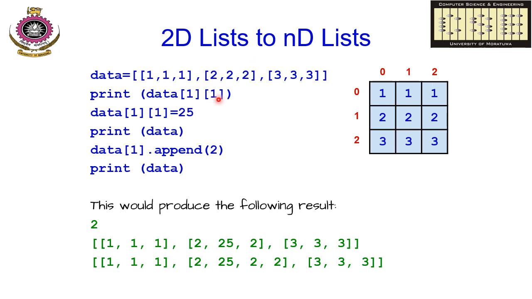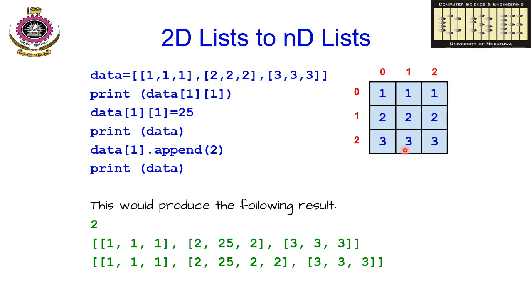So you need another index to access the values inside the selected list. In the list where you have 2 2 2, the second index refers to the index 1 item. So the first index 1 refers to this list, and the second index 1 refers to this value, the index 1 value of the selected list.